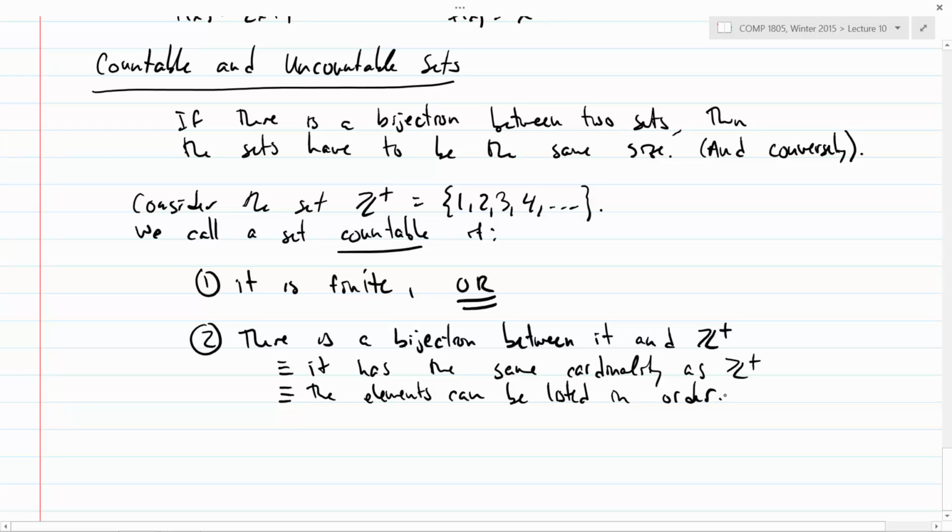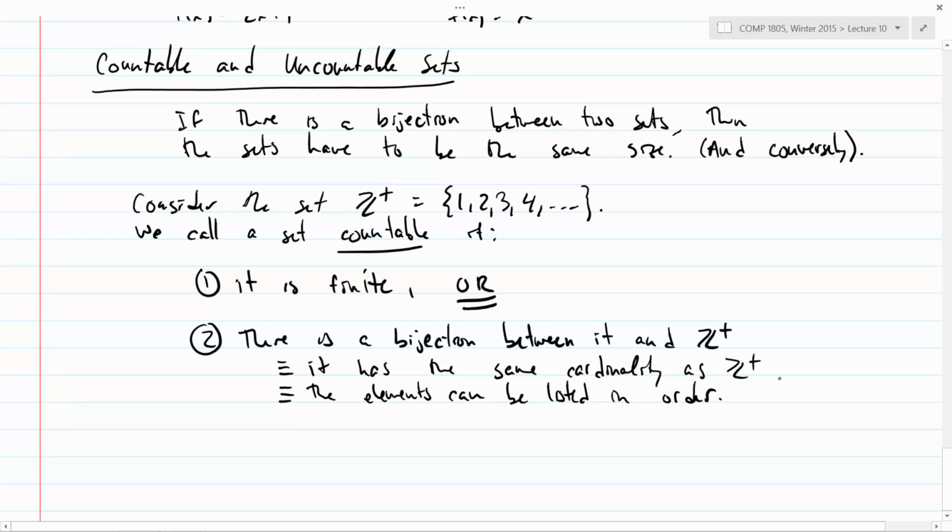Right? Because if you can list the elements in some order, then the first thing is f of 1, the second thing is f of 2, the third thing is f of 3, the fourth thing is f of 4, and so on. Does everyone see how these three statements in number 2, it's clear how those are all equivalent?